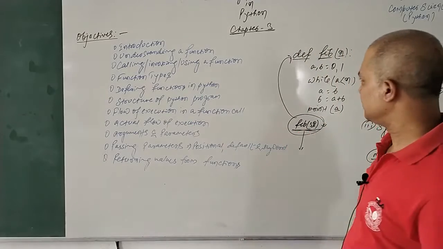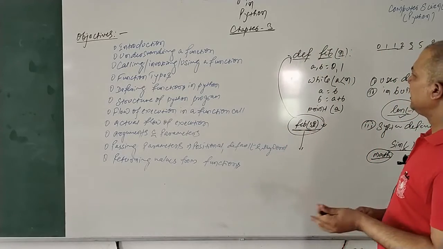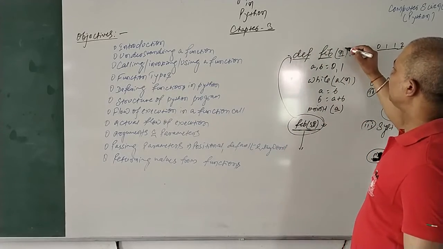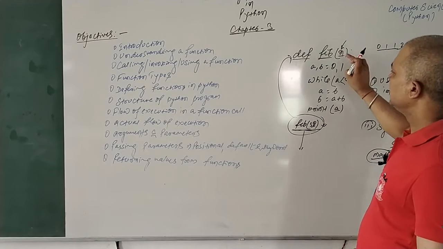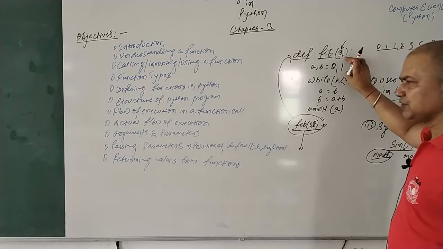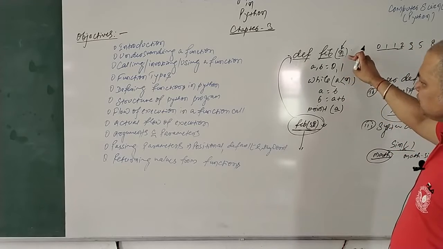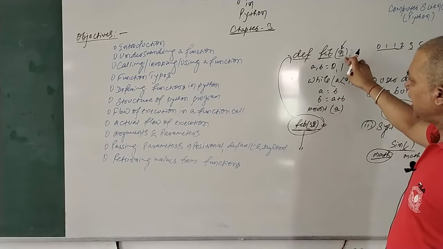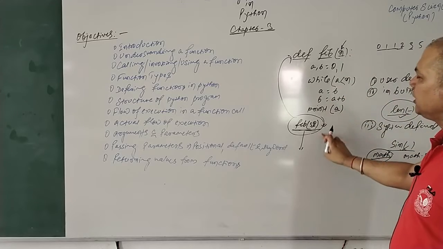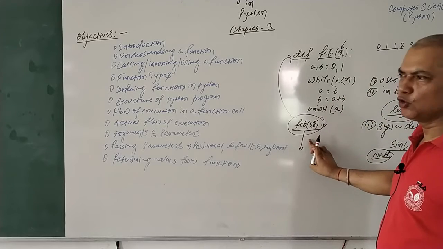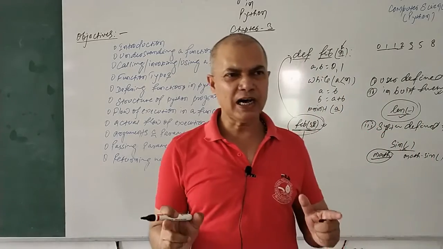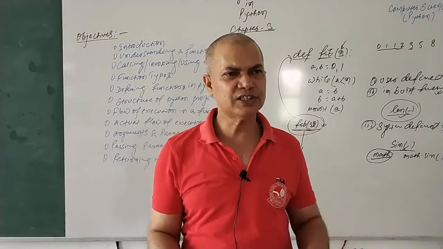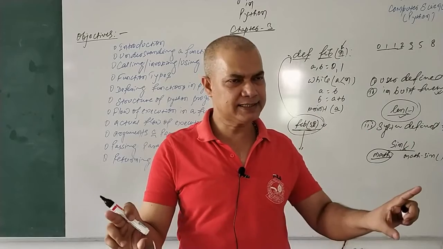Whatever variable you declare at the moment of defining a function is basically the parameters on which this function works, and the values passed at the moment of calling the function are called arguments. Make it clear in your mind.